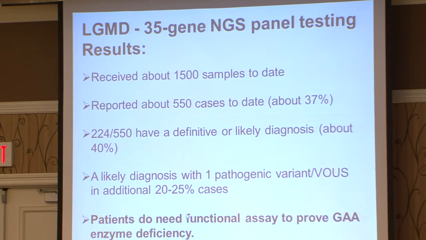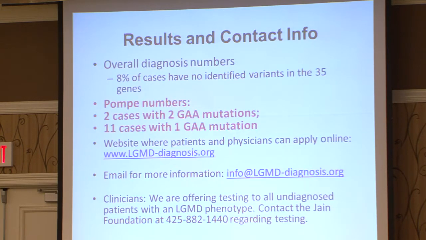You have to have a functional assay in order to prove that what you found is actually causing a disease. And in Pompe, of course, enzyme activity is the only functional assay. And 8% of cases had no identified variant in these 35 genes, though they were given a diagnosis of LGMD, but they did not find any mutations.